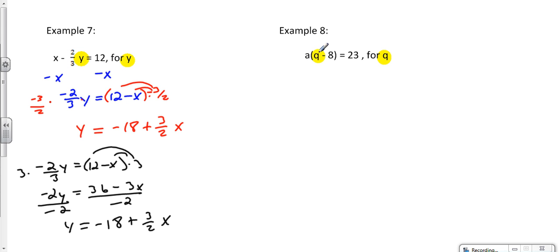All right, the last one here, we're trying to solve for q. Well, if we divide both sides by a, because it's being multiplied by the parentheses, again, q minus 8, they're stuck together with the parentheses, so we can't deal with the h yet, but we can deal with the a.